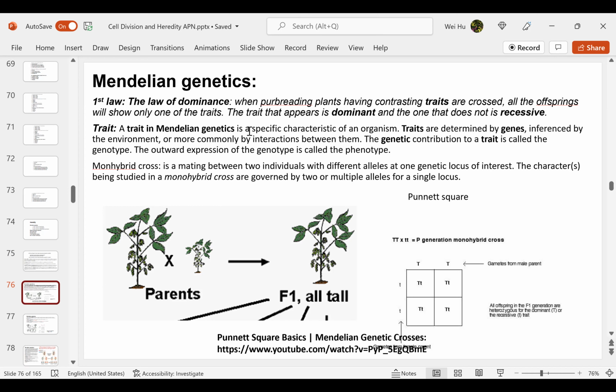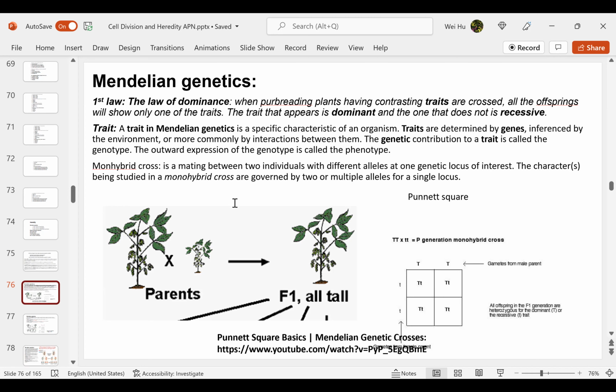So you have two alleles, and each one can be dominant or recessive. If you have a dominant one, then you will show dominant.